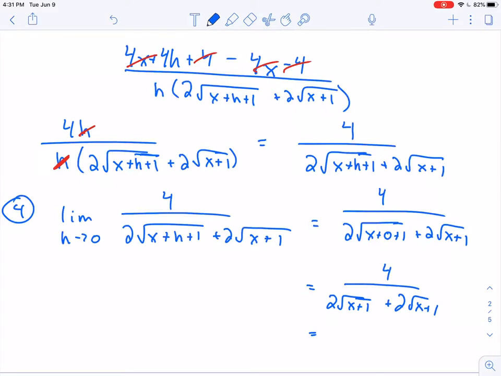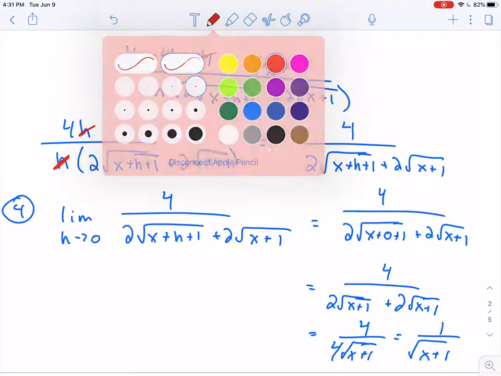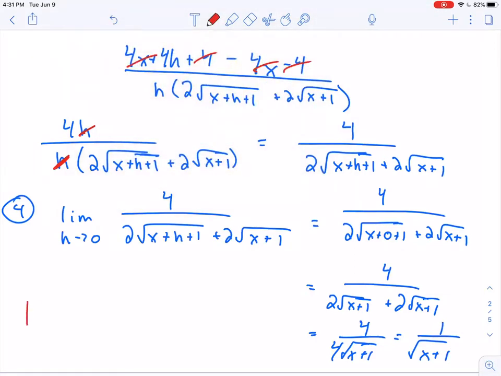So I've got 2 radical x plus 1 and another 2 radical x plus 1. Well, that's going to be 4 over 4 radical x plus 1. And if I can reduce that, that's 1 over square root of x plus 1. So that is my derivative. Holy moly. F prime of x is equal to 1 over radical x plus 1.